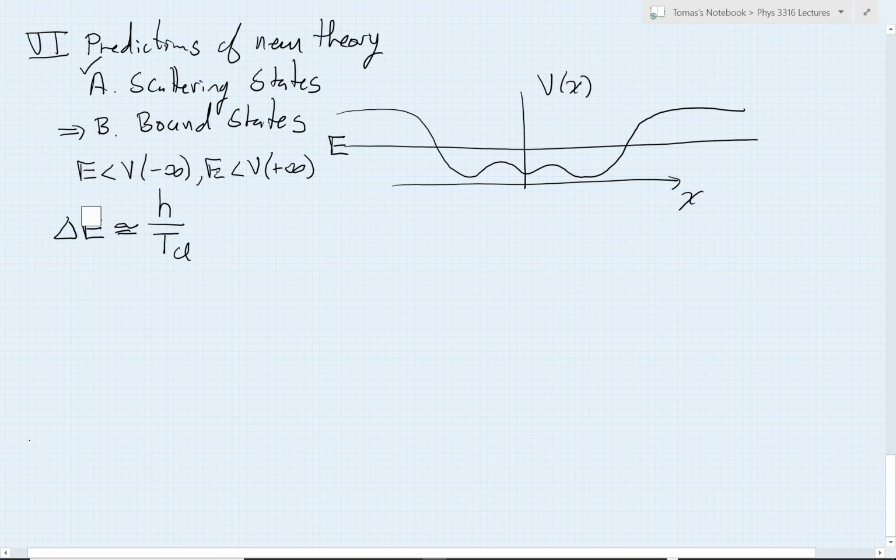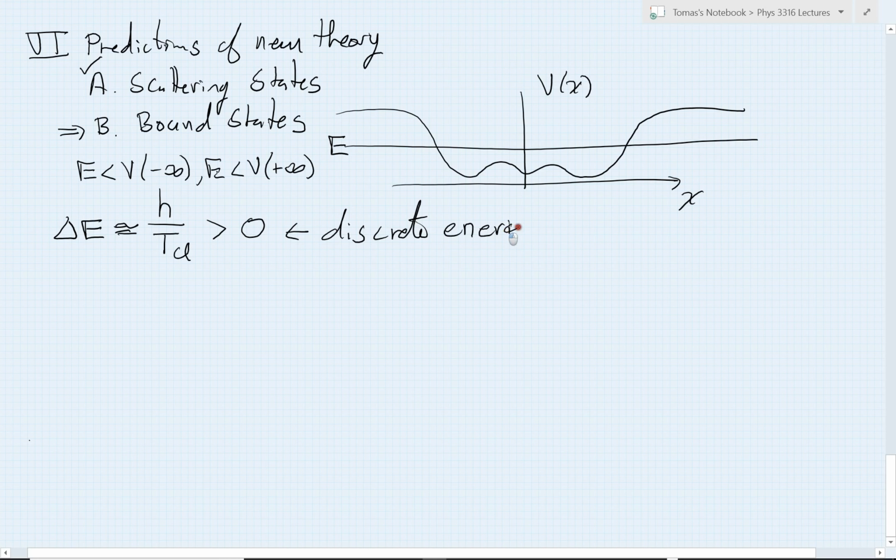I would then have a continuous distribution of energies. But in the bound state case, and we're going to see this in some detail coming up more formally, because there's a finite orbital period, not infinite, that means the energy spacing I can expect to be some non-zero number. So I'm expecting then to have discrete energies when I talk about bound states.